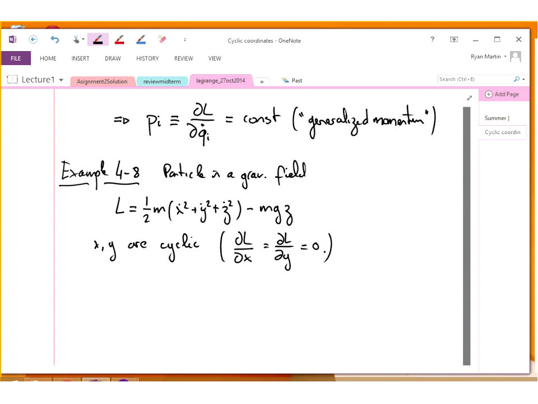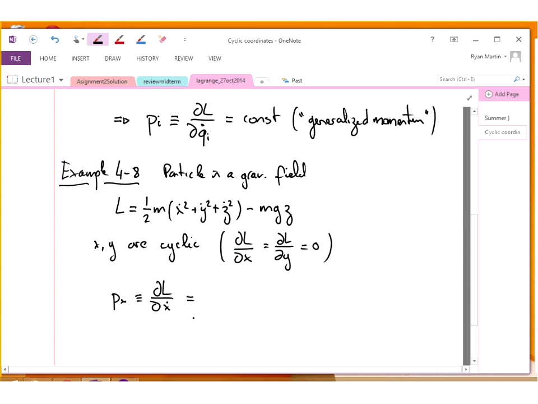So what are we told for a cyclic coordinate? We're told that if you take ∂L by that coordinate dot, you get a constant. So let's consider px, which we define as ∂L/∂x dot. So ∂L/∂x dot is going to be a constant.